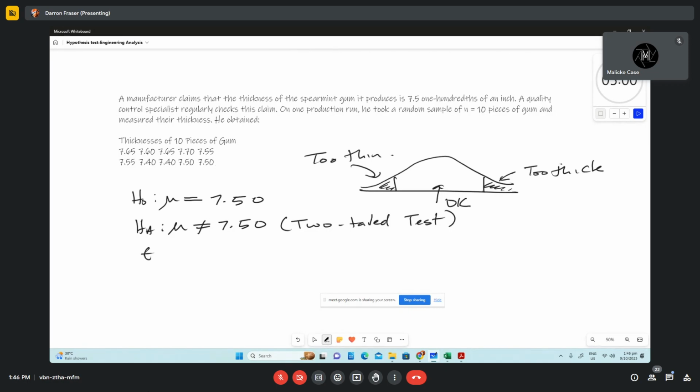So once again, the first step is that we have to formulate our hypothesis. The next one is what we are going to do is calculate.